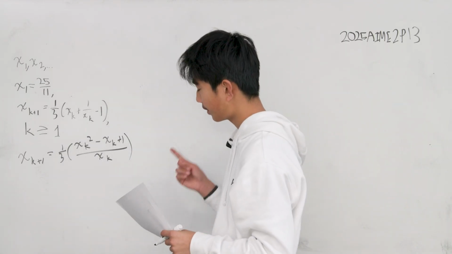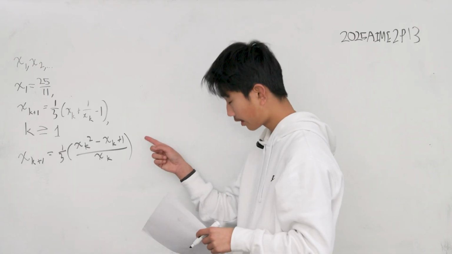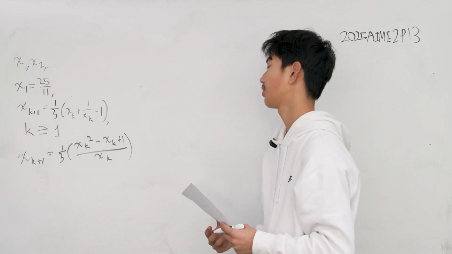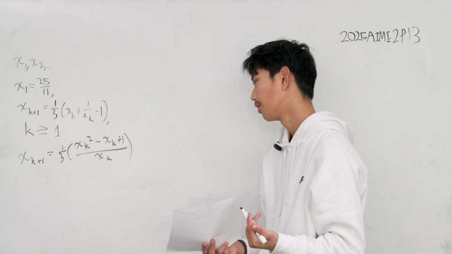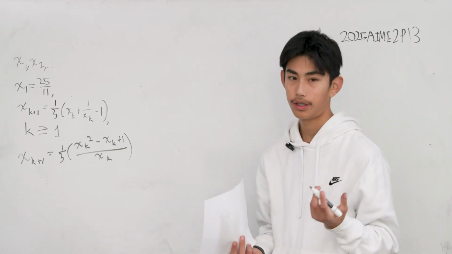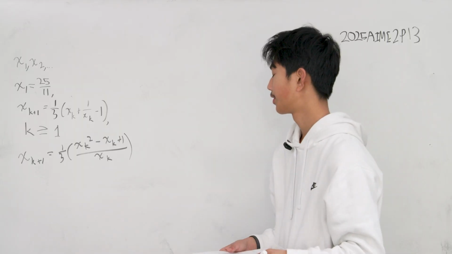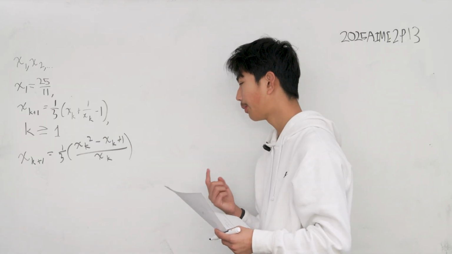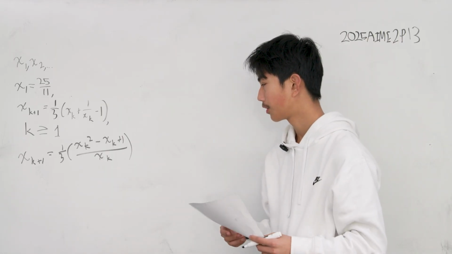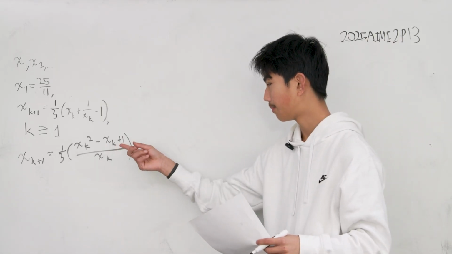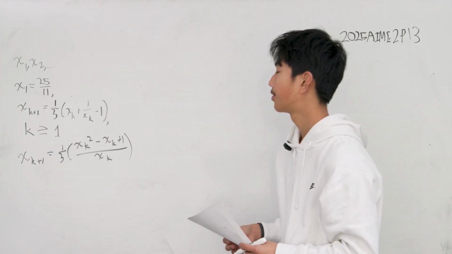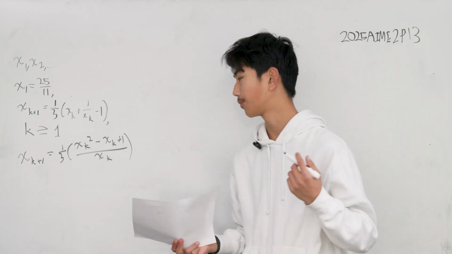Now we realize in this case, this is the top. It looks like a familiar form, right? It's familiar because it is a factor of a cubic polynomial. If you multiply this by x sub k plus 1, it all cancels out to x sub k cubed plus 1.